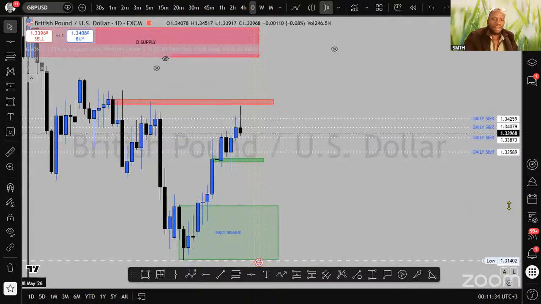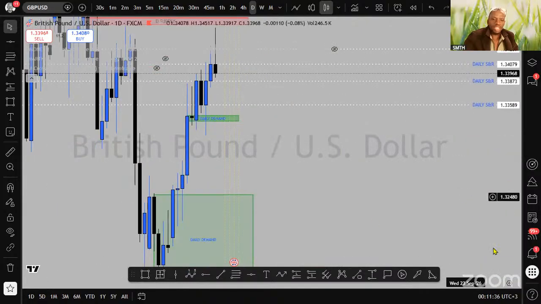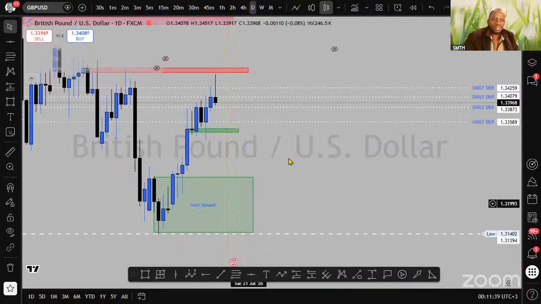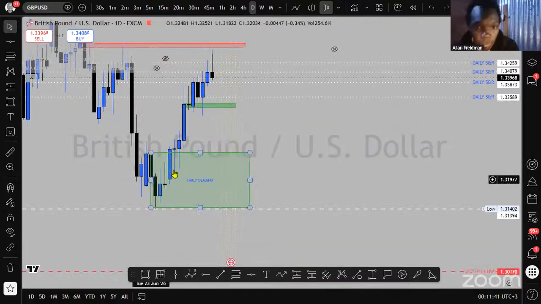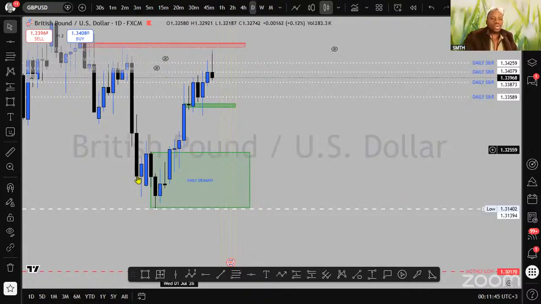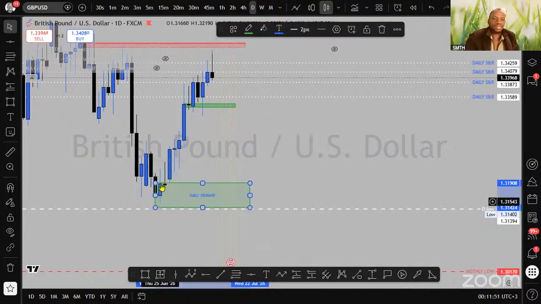Okay. So you can actually see I've marked my territory on the daily. Yeah. So you can see hapa nimemark kubwa kidogo. Because it doesn't look good like that, I can decide to do something like this. Can you guys see that?